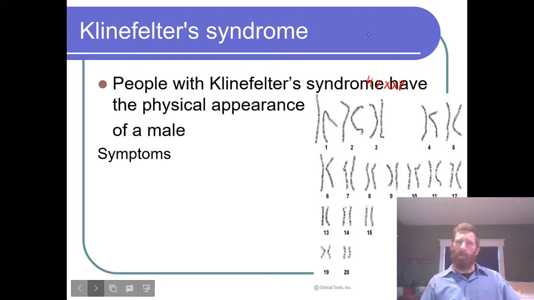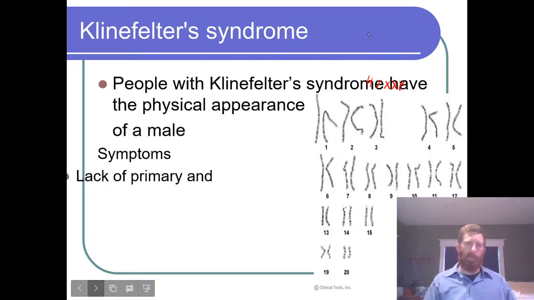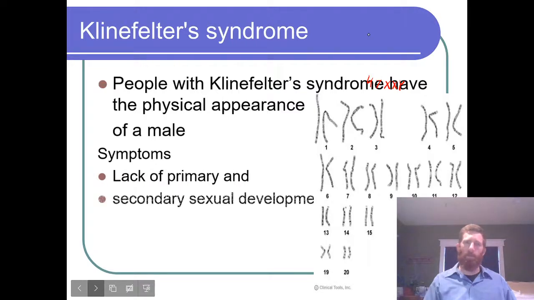So again, trying to be sensitive, right? People with Klinefelter's have the physical appearance of a male. So babysitting, changing a baby who has Klinefelter's, changing their diaper, right? Male, obviously. Same thing, right? Symptoms: lack of primary and secondary sexual development. No surprise there. And then same thing, infertility because of this extra chromosome.